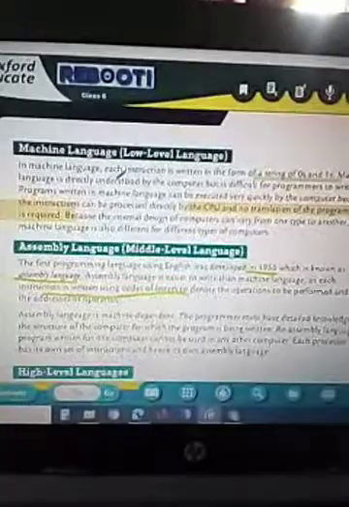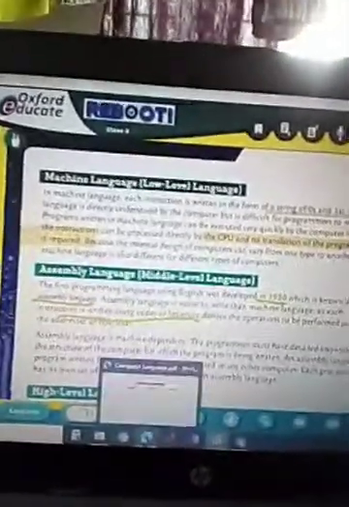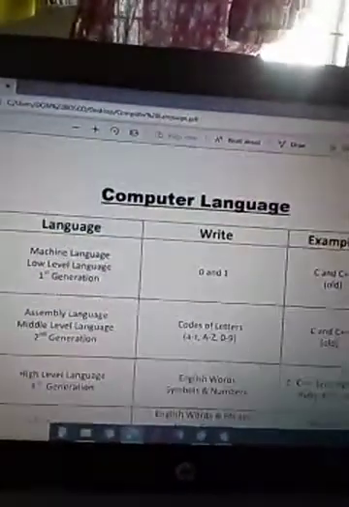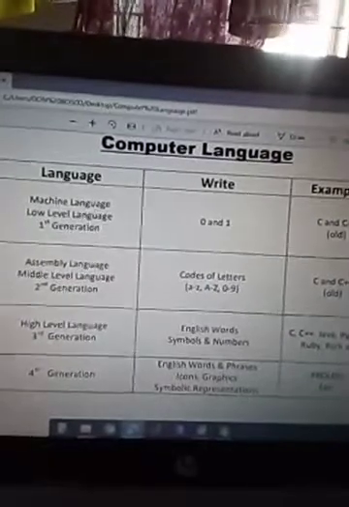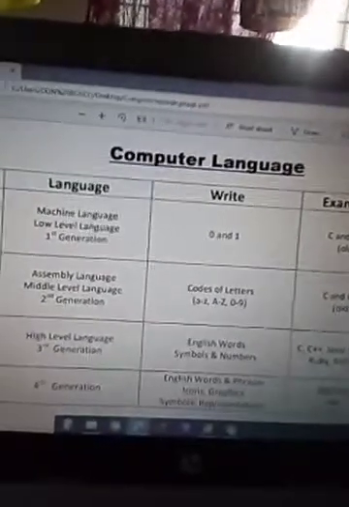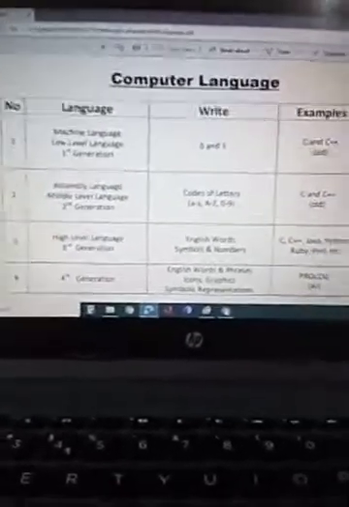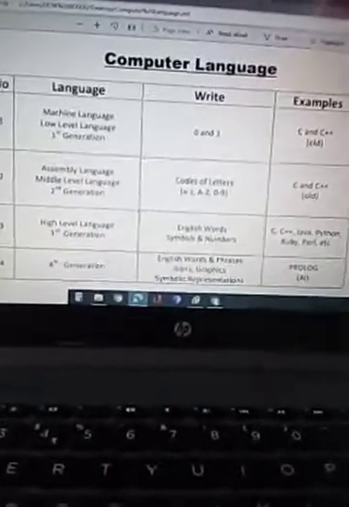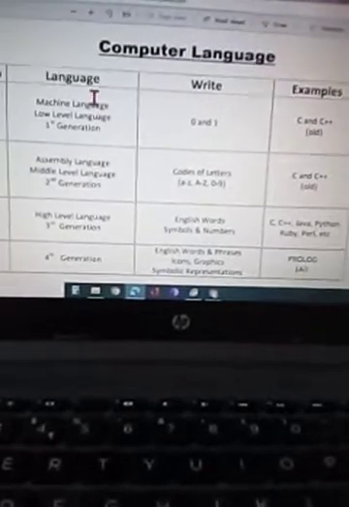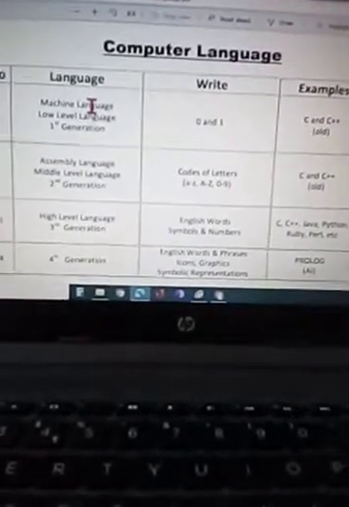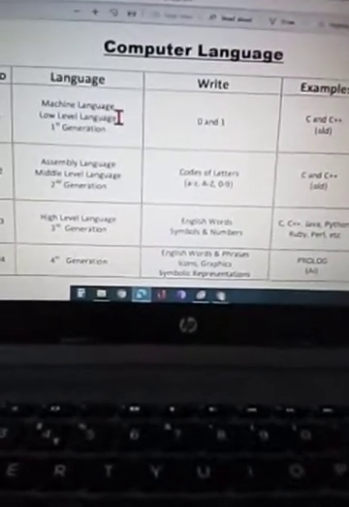Prolog is used in artificial intelligence. So I will once again briefly show one chart here. See here, computer languages. I have already posted it in the study material. So this is machine language, also known as low level language.